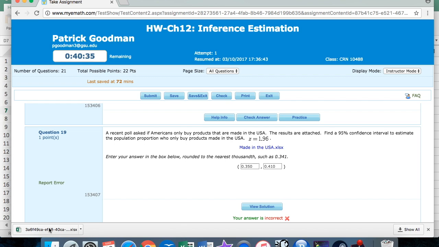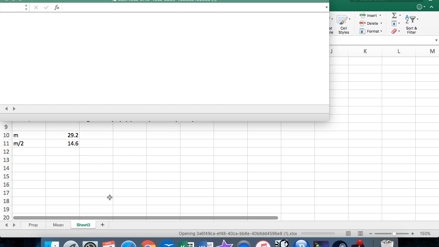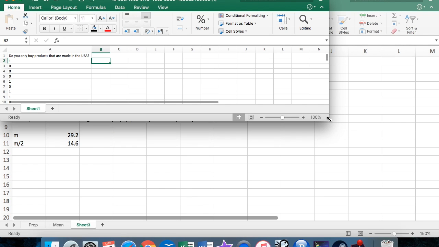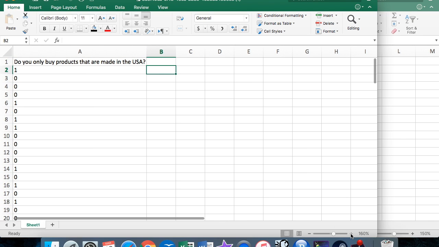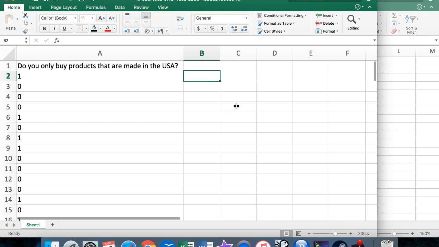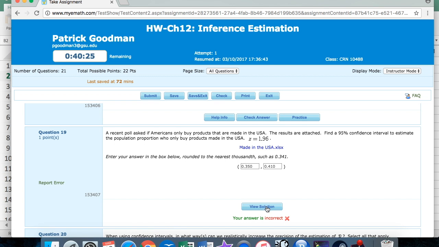Okay. So let me show you this, just so we can get this right, because I know how to do this. I just, for some weird reason, I don't know if I put it in wrong or something, but something happened, and it said I was incorrect. So let's get this problem fixed.